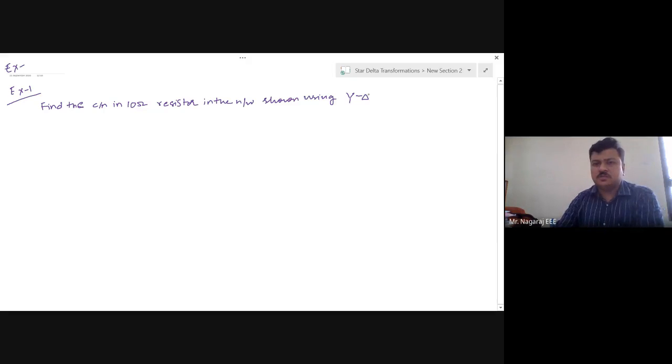The star delta transformation doesn't mean only from star to delta, it is bilateral. Okay, using star delta transformation.